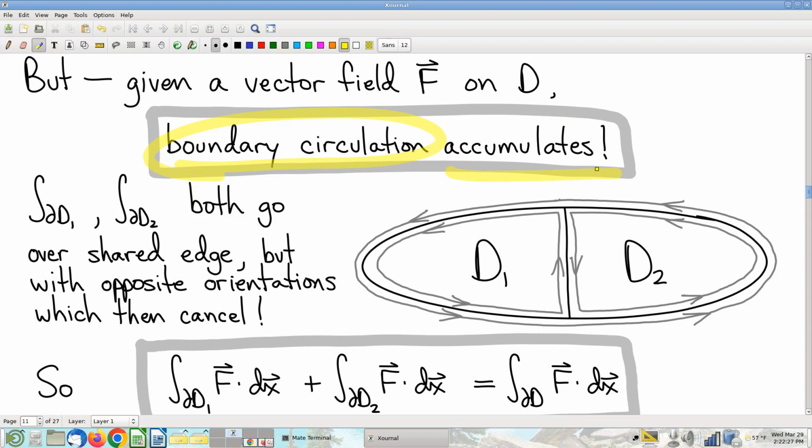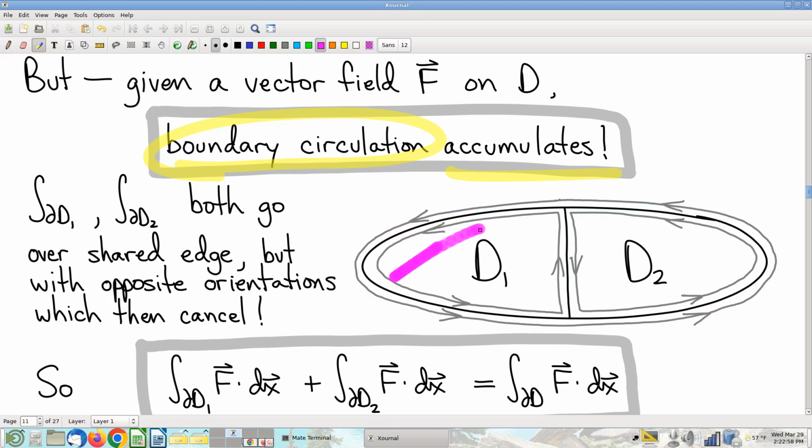Now, the reason this is confusing is because when you look at boundary circulation, and again, let's look at the whole region here, where do we actually compute the boundary circulation? Oh, on the perimeter. Right? That's where it's computed. But importantly, we're not taking the perimeter and chopping up the perimeter into little pieces. That's just not what we're doing. That's not the argument that we're making.